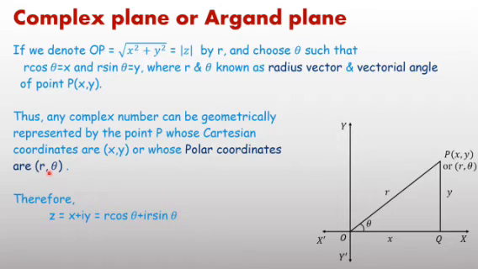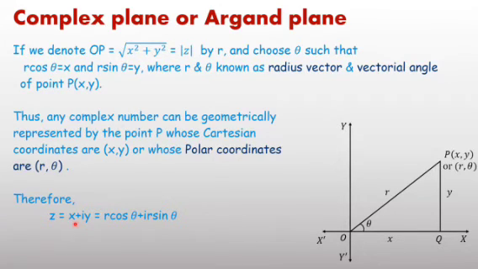Therefore, z, which we can write as x plus iy, equals r cos theta plus ir sin theta. Here in place of x, r cos theta, and y means r sin theta. So the polar form of the complex number x plus iy equals r cos theta plus ir sin theta. It is known as the polar form of the complex number, and x plus iy means the Cartesian form of the complex number.